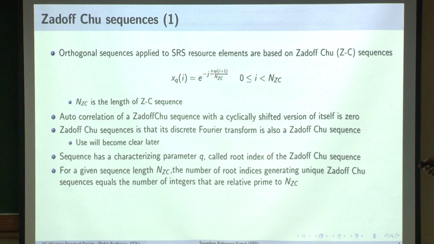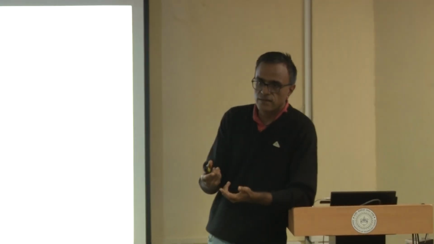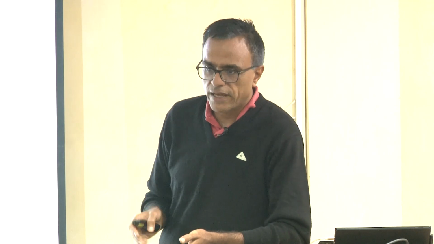So you can only take q which is relatively prime to N_ZC. Relatively prime means numbers that share no common divisor. Like 4 and 9 are relatively prime. If you are fixing 9, you cannot fix 3, because 3 and 9 are not relatively prime. 4 and 9 are, 5 and 9 are, 6 and 9 are not relatively prime.